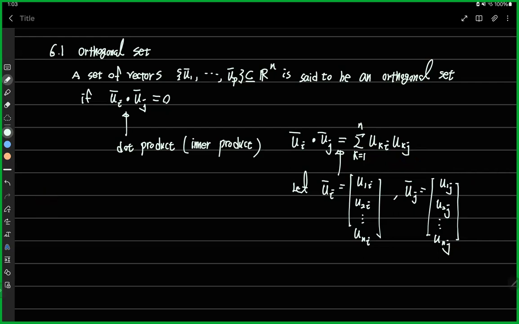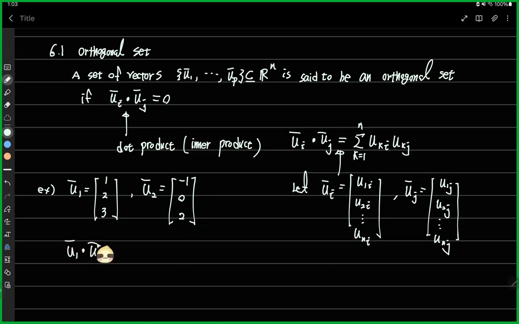An easy example: let's say u1 is (1, 2, 3) and u2 is (-1, 0, 2). Then u1 dot u2 is equal to 1 times negative 1 plus 2 times 0 plus 3 times 2.